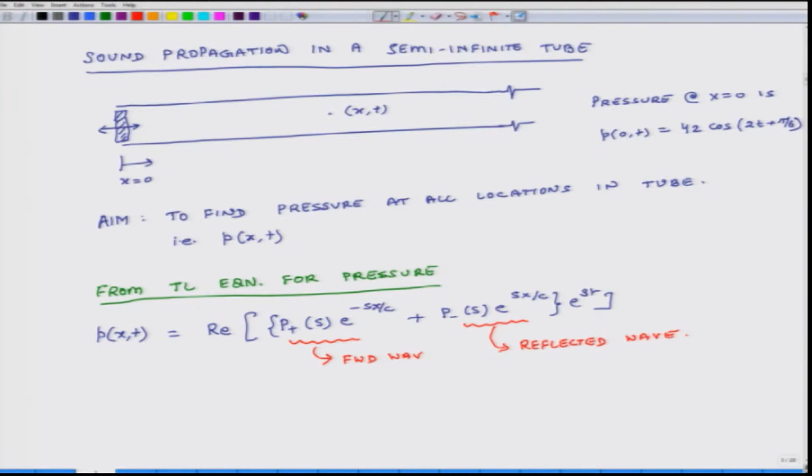So, P plus of s e to the power of minus s x over c corresponds to a forward travelling wave, and then P minus of s e to the power of s x over c corresponds to a wave moving in the negative x direction.